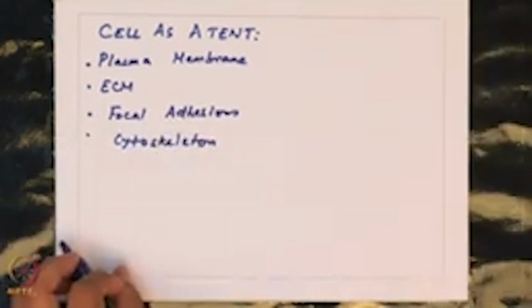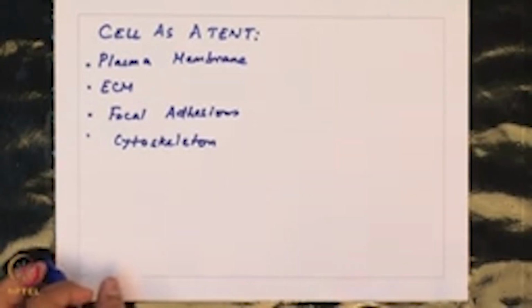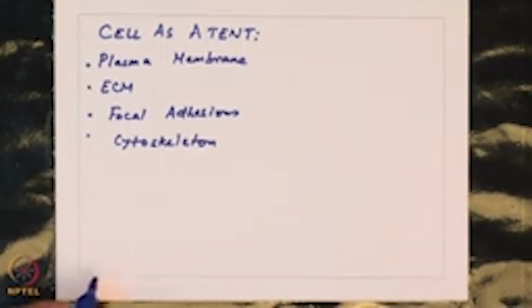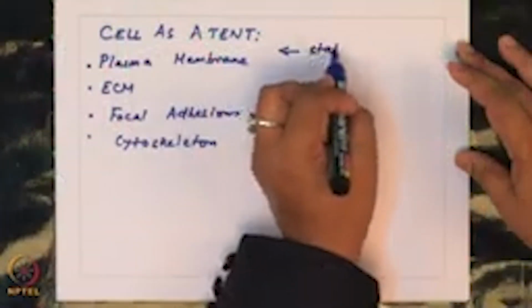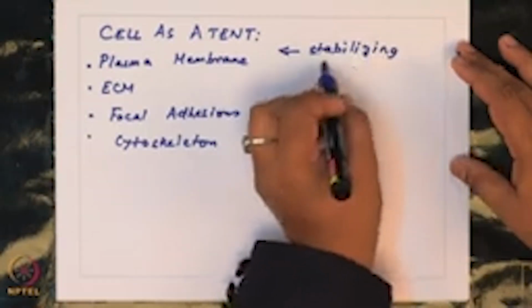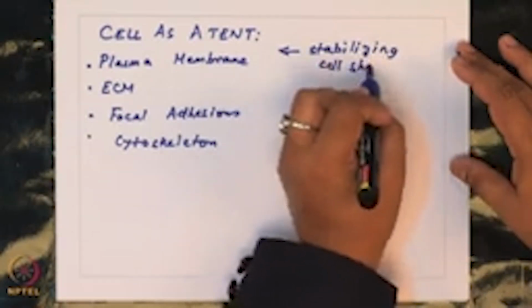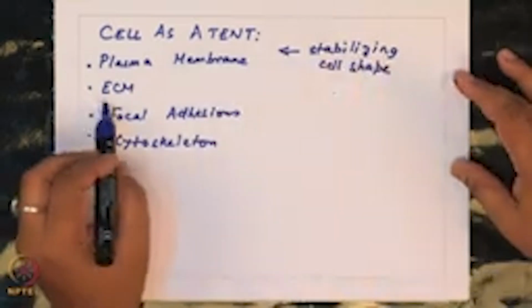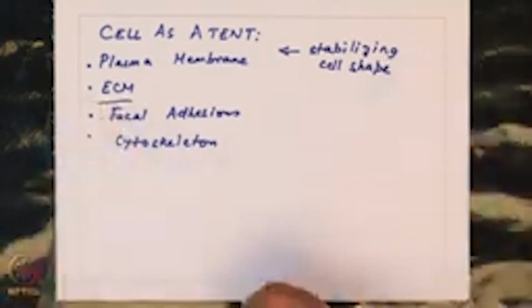Okay. So, there are these 4 things: plasma membrane, ECM, focal adhesions, and cytoskeleton. These are the 4 things which are required for stabilizing cell shape. So, of these we discussed ECM, and now we are going to start discussing focal adhesions.